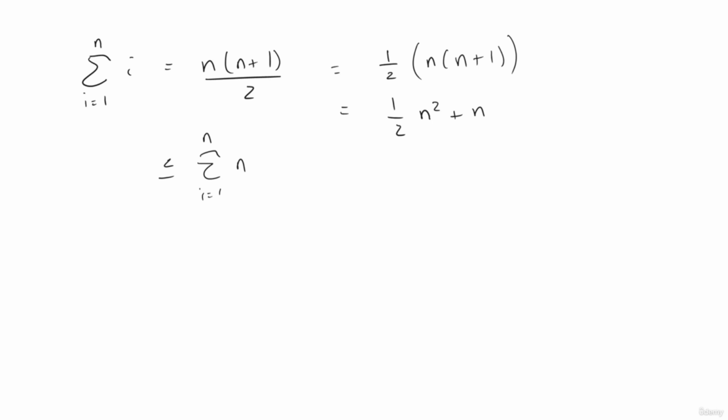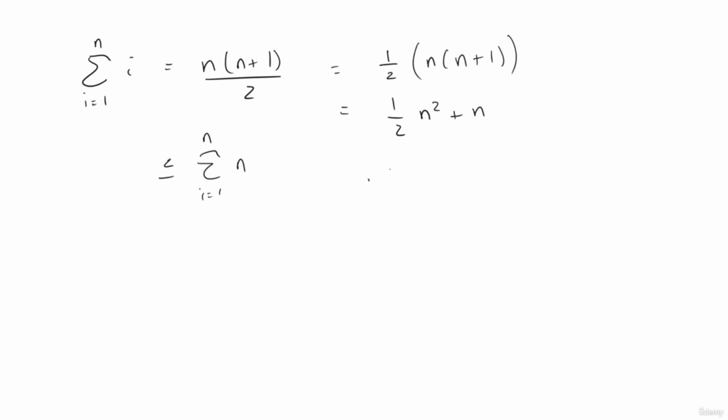Because the first number that we have is going to be 1, and then the next number is going to be 2, so we're going to do 1 plus 2. Here, we're just going to go straight to adding n at the start.